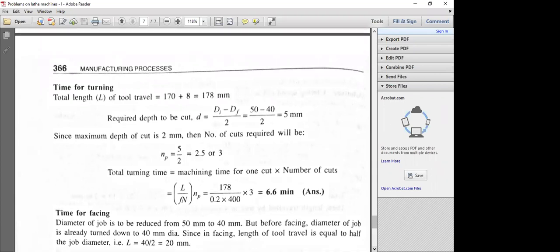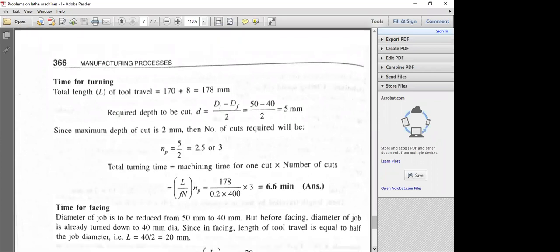But before facing, the diameter of the job is already turned to 40 diameter, because you go for facing only after turning. As we have already seen in the earlier facing problem, in facing the length of tool travel is equal to half of the job diameter, which is the final diameter. So L is equal to 40 by 2. Here you have to take L as 20 mm.